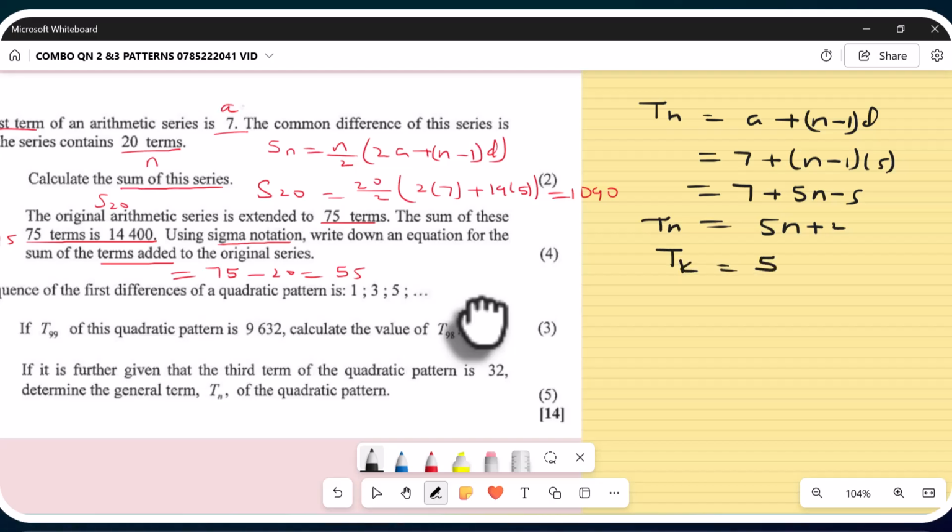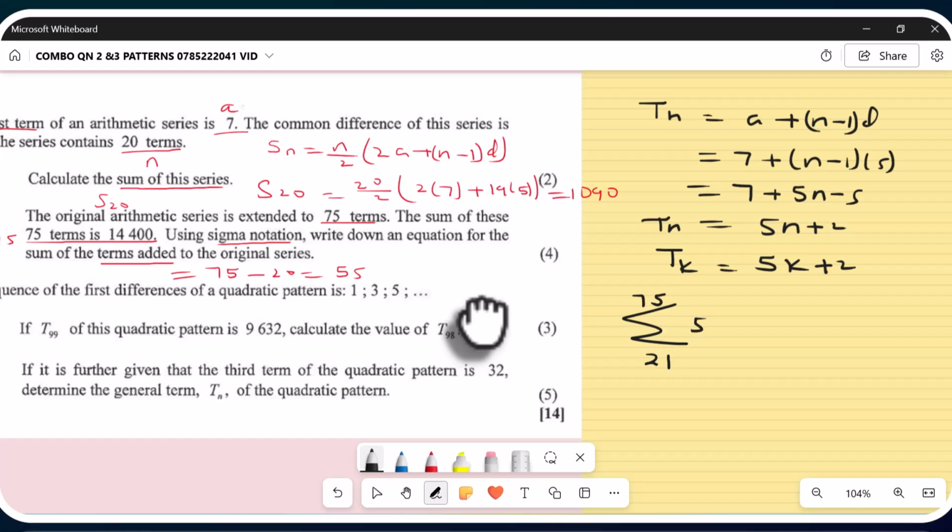Now the question says to write it in sigma notation. Sigma notation is the summation of this term. There are 55 terms I want to represent, so I'm going to begin from the 21st term up to the last term, which is 75, of Tk, and my Tk is 5k plus 2.